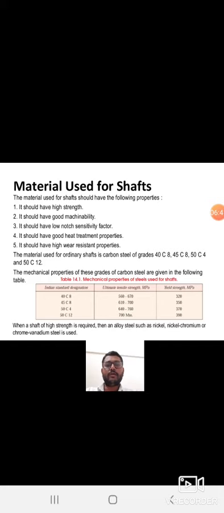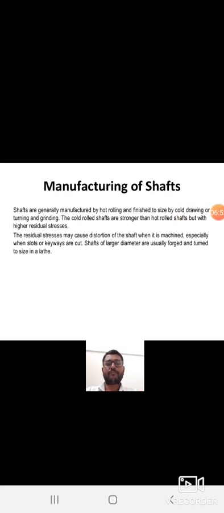And when a shaft of high strength is required, then an alloy steel such as nickel chromium or chrome vanadium steel is used. Next, manufacturing of shafts. Next point is how to manufacture an ordinary shaft. Shafts are generally manufactured by hot rolling and finished to size by cold rolling or turning and grinding.